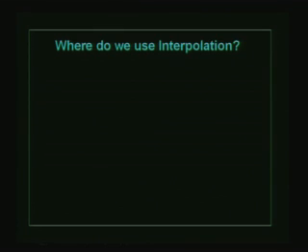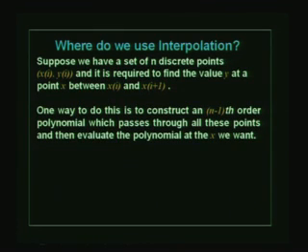So the question comes, where do we use interpolation? Suppose we have a set of discrete points xi and yi, which are acquired, let us say, from an experiment or from a discrete numerical simulation. In some cases it may be required to find a value of y, the dependent function, at a point which is in between two tabulated points x of i and x of i plus 1.